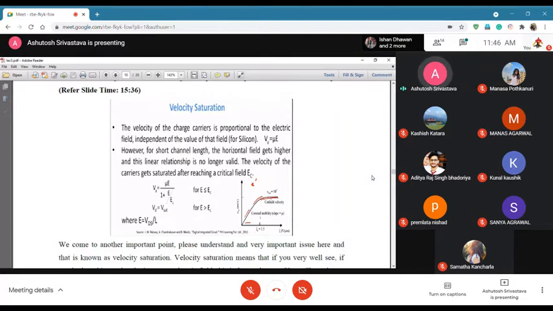Can you see the cursor? We are talking about this region. So here, as your field is increasing, the velocity of the charge carrier keeps on increasing. But in this region, it starts to get saturated, which is of the order of 10 to the power 5.